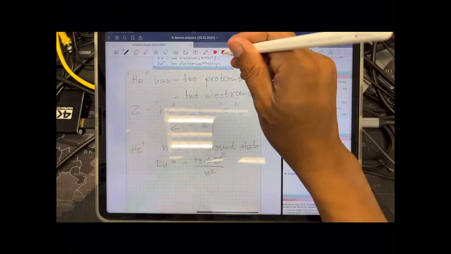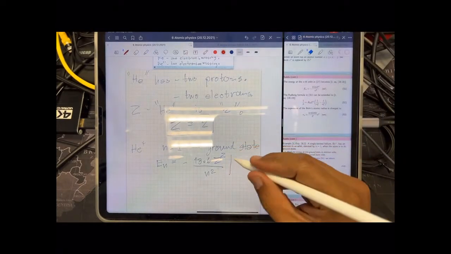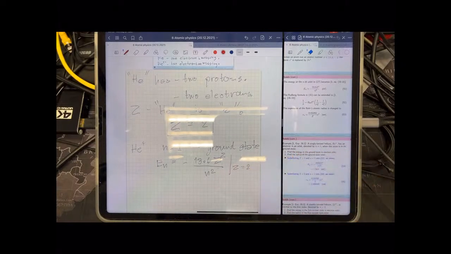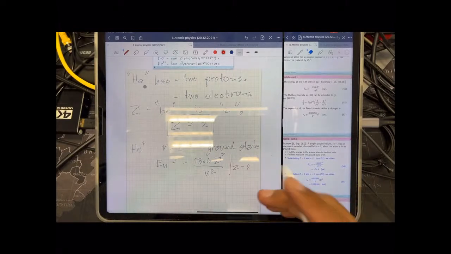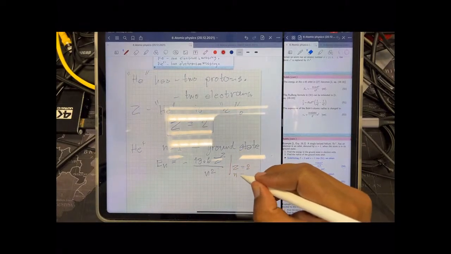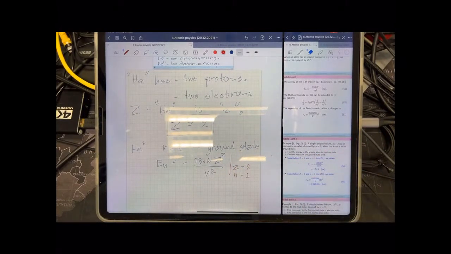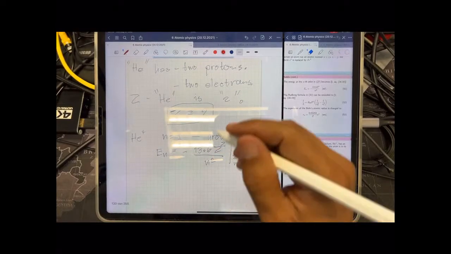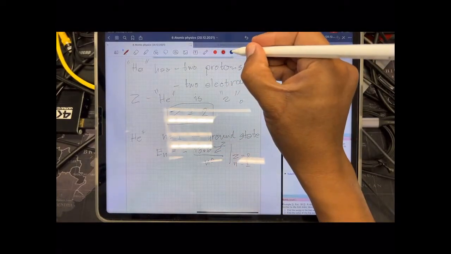And you know that we have to substitute Z by 2, because this is the helium atom. It has 2 protons, which corresponds to atomic number 2, and in the ground state n is going to be the number 1, right? Yes. Let's substitute everything there.